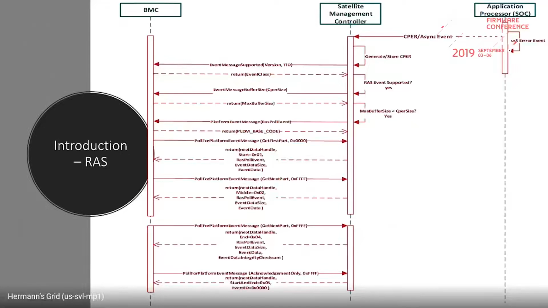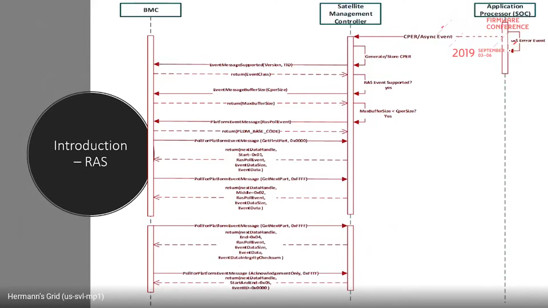There are 2 different approaches to handle RAS events. One is called the firmware first approach, and the other is the kernel first approach. In the firmware first approach, the RAS error events are given to what we call a system satellite management controller or a service management controller. This is system implementation defined.